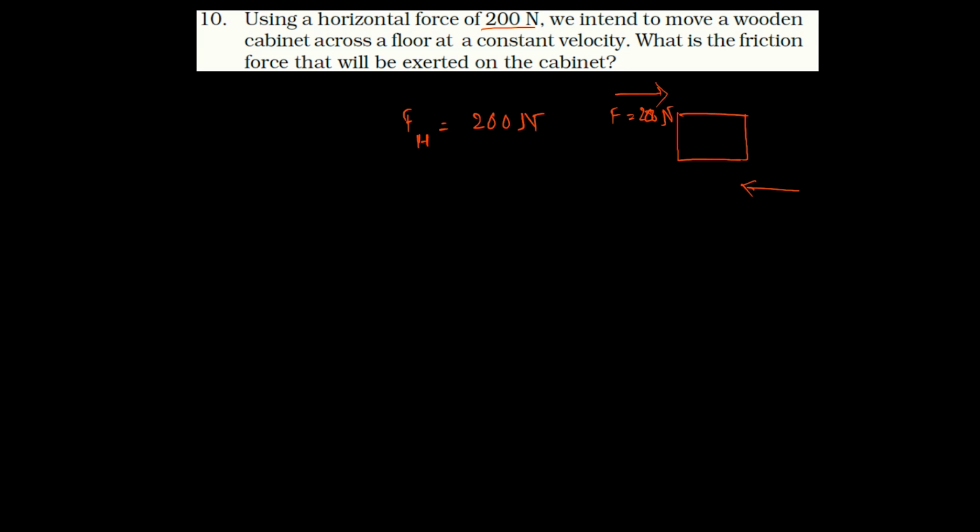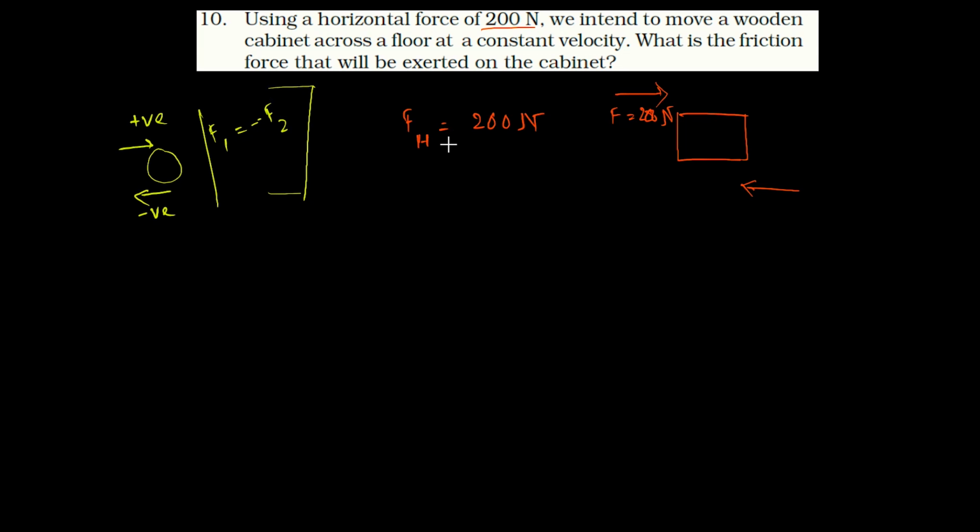Whenever we apply a force on an object in one direction, that object is going to apply the same amount of force, a similar magnitude, but in a different direction. If we consider this as the positive direction, this direction is going to be the negative direction. So that force F1 is going to be equal to F2 but in the opposite direction. That's why there is a negative sign. Right or wrong? Obviously right. So we are going to use that concept.